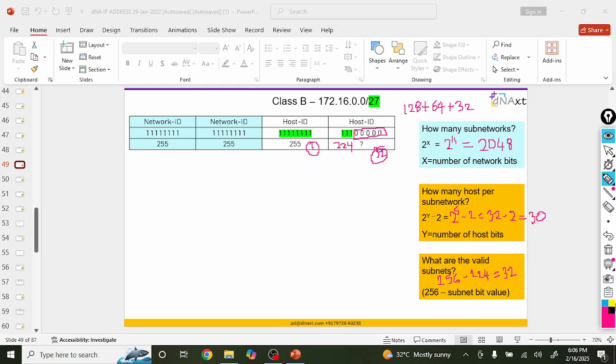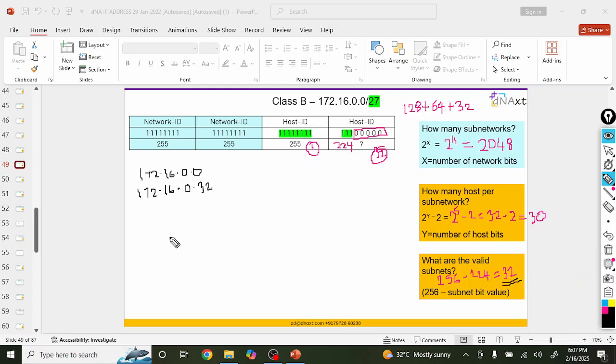Let's write down a few of the subnetworks over here. 172.16.0.0, increment in the fourth octet first. 172.16.0.32, the increment is of 32.